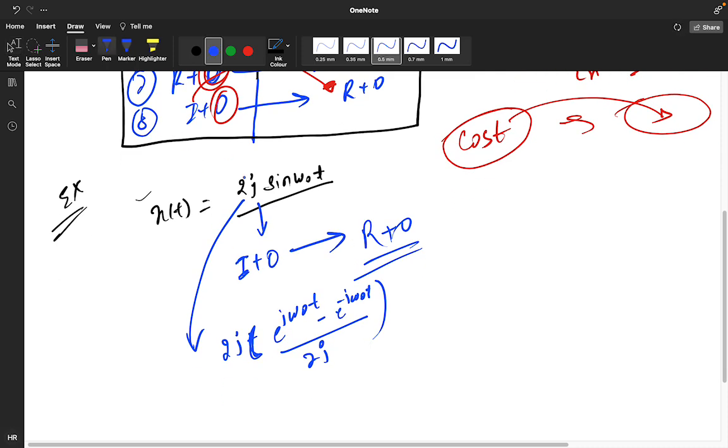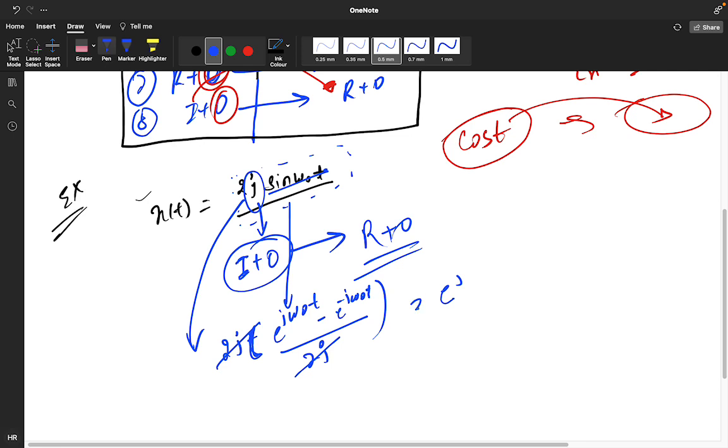So this is an imaginary signal plus an odd signal, right? Sine omega naught t means odd signal and j denotes imaginary signal. The 2j will get cancelled out.